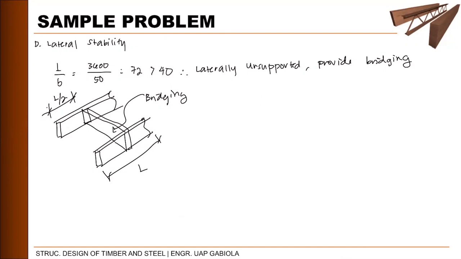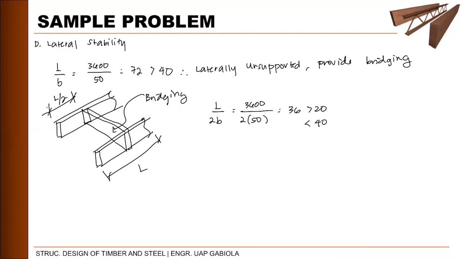Okay? So, ngayon, kukuha ka ulit ng bago. L over 2B ka na ngayon. Okay? Kasi nag-half na yung length mo. So, this will be 3,600 over 2 times 50. Okay? So, that is 36 na lang. No? So, that is greater than 20 pero less than 40. Okay?